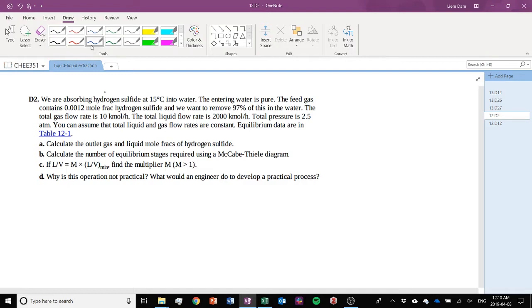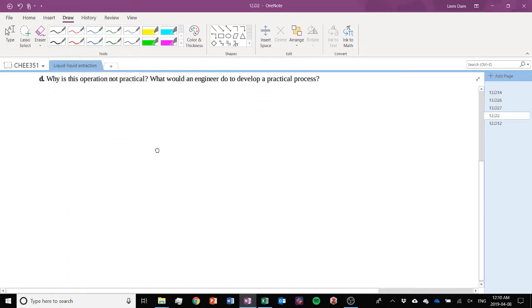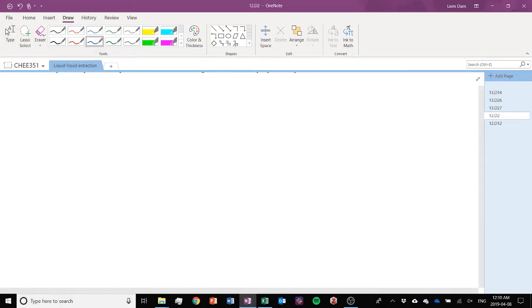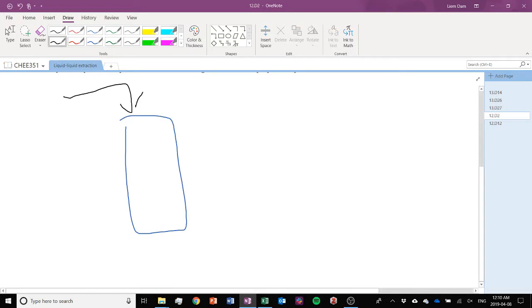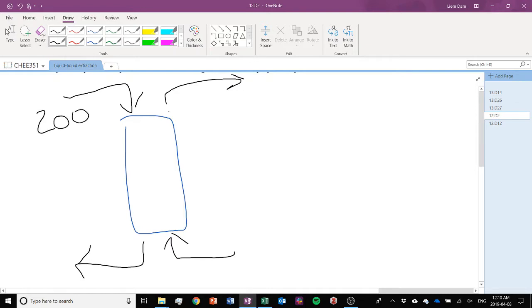So we have a tower, and we have water going in, and we have a gas that's going in, like this. So the water is flowing in at 2,000 kilomoles per hour. And the gas is flowing in at 10 kilomoles per hour.